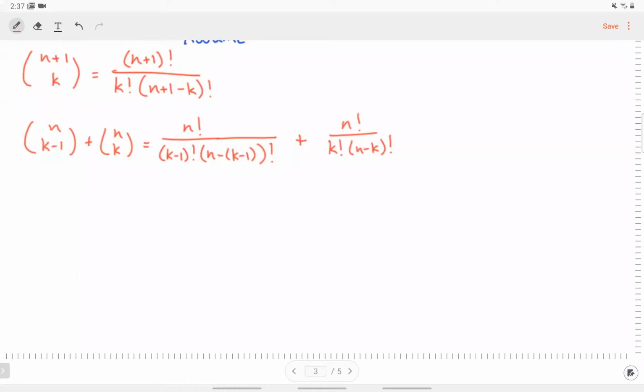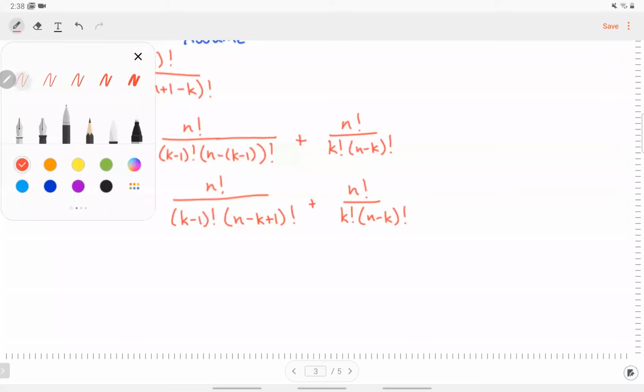All right. In order to add fractions, I need a common denominator. In order to do that, I want to rewrite this first fraction a little nicer. So k minus 1 factorial, and when I distribute that minus, I get n minus k plus 1 factorial. Okay, so here's what I think in my head while I'm looking at this.